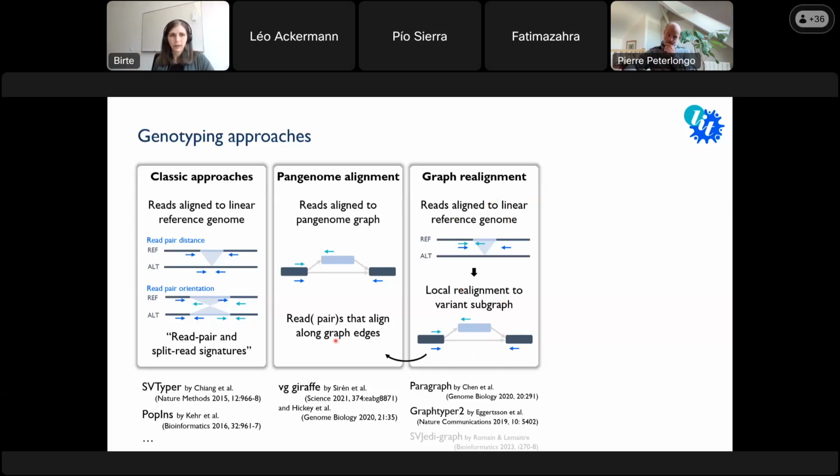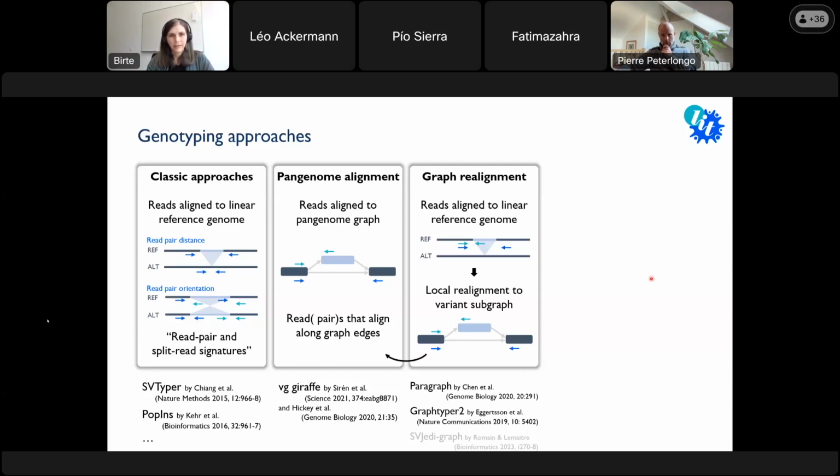This was actually earlier than the pangenome approaches, for example, implemented in Paragraph and also GraphTyper 2. And you then obtain the genotypes and genotype likelihoods from the graph alignments.